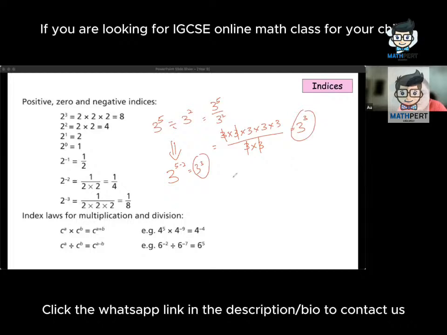Okay, let me repeat again. Only applicable when you have the same base. Let's say 4 to the power of 5, this is the base. It is the same when the power is negative.